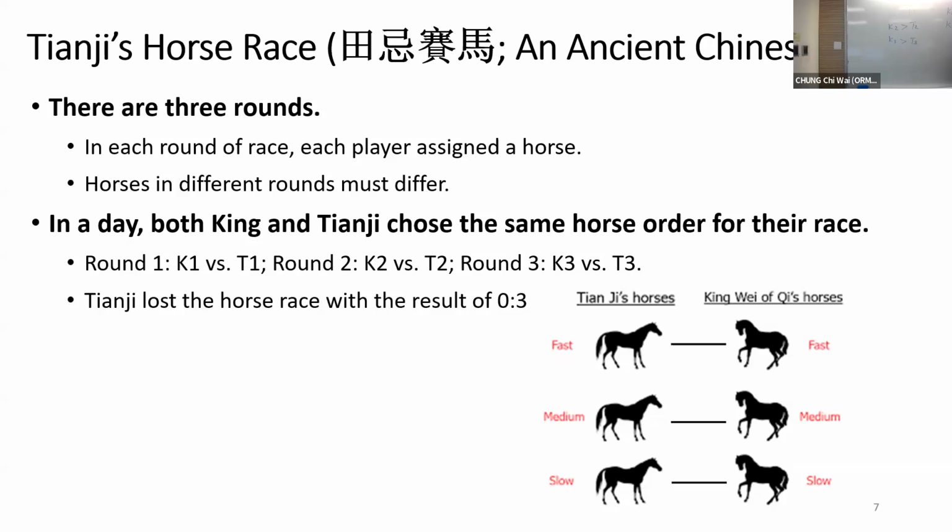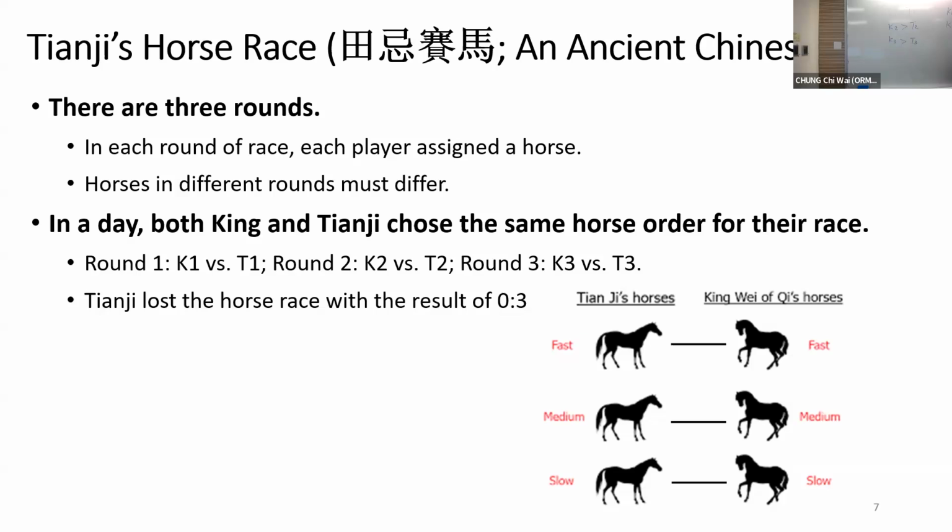According to the rule, King's horse K1 hits K1. Here, K2 also hits K2, and K3. So the king wins here again, all right, by 3-0.